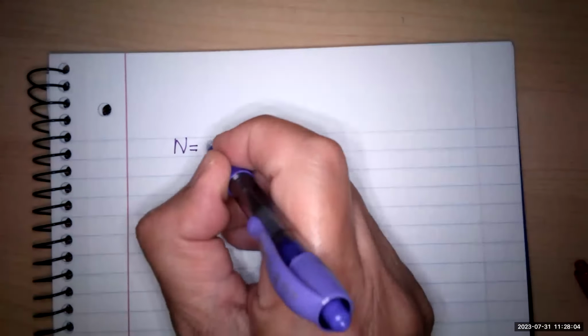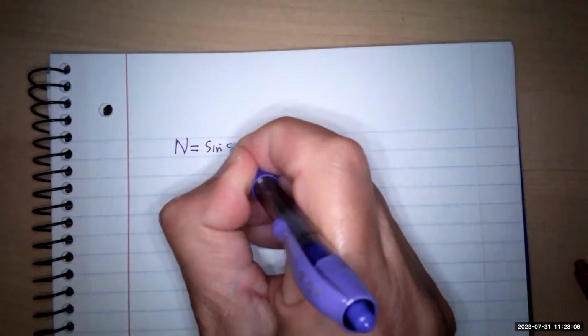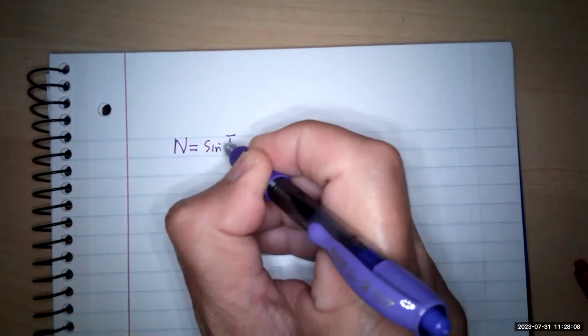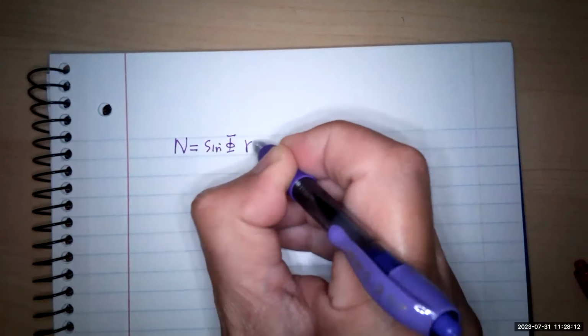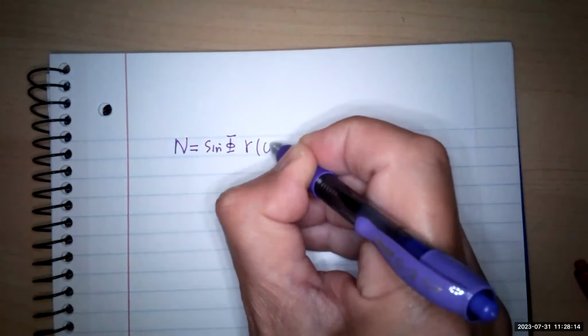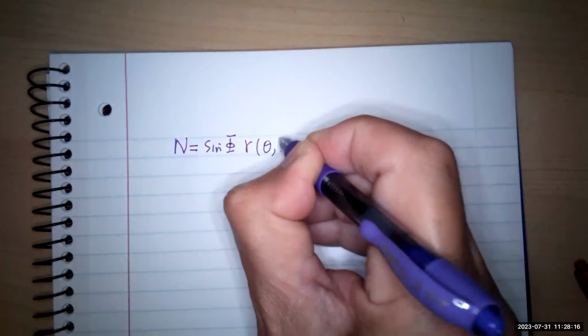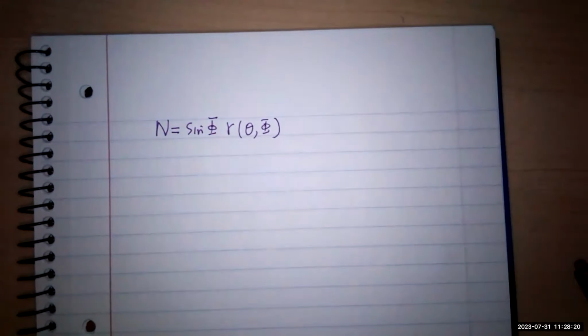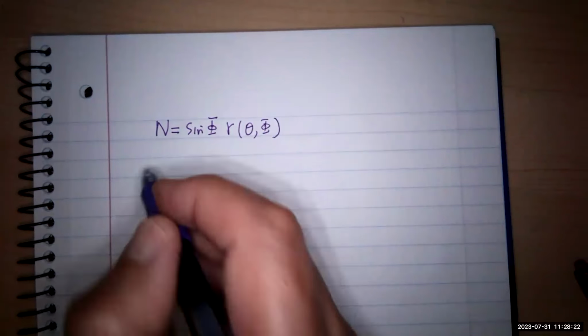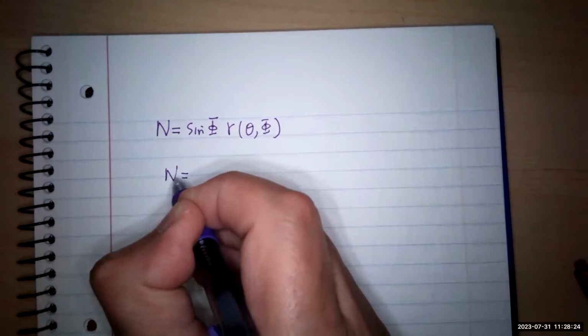The normal vector for the sphere is going to be sine of phi times R of theta and phi. You can get this one as your normal vector, or write it down.